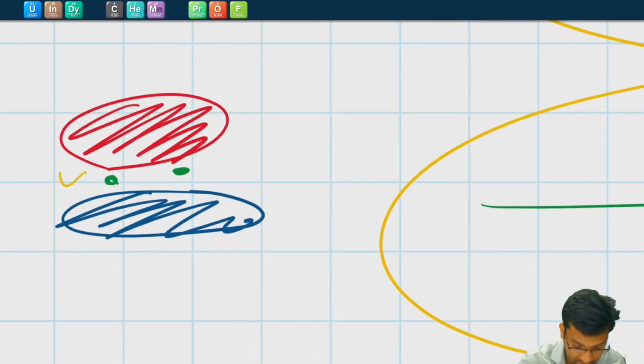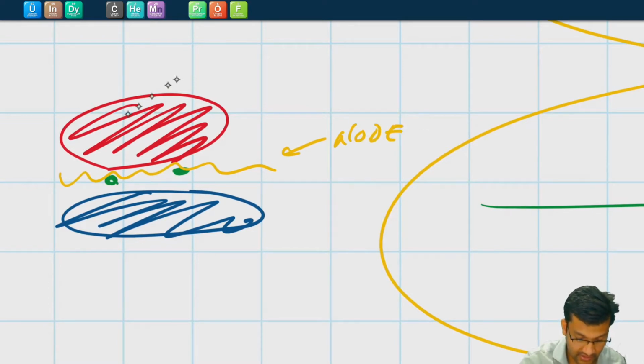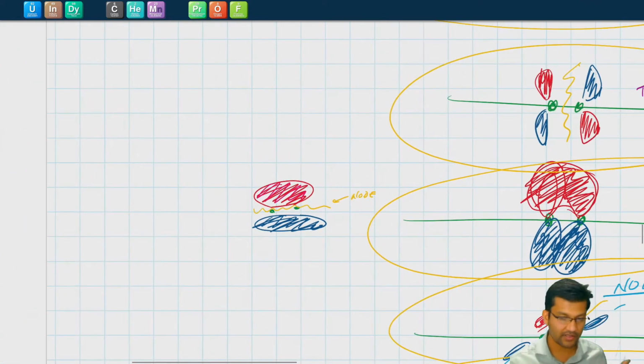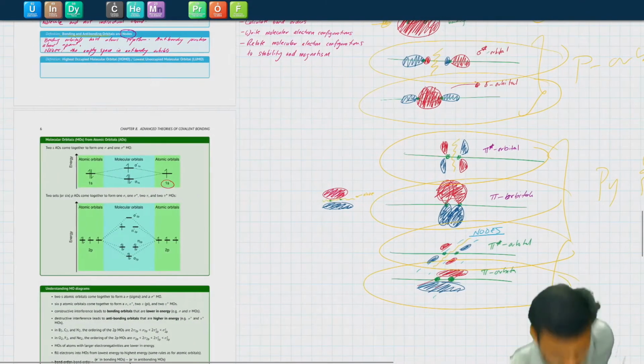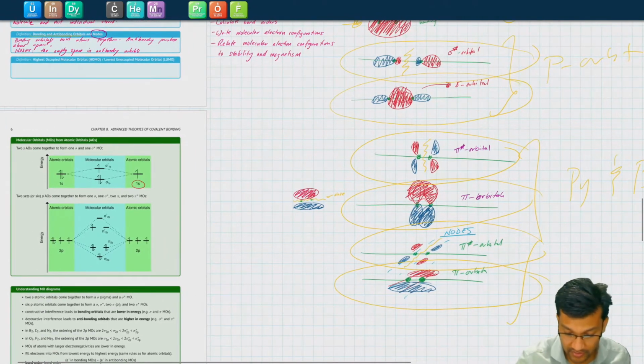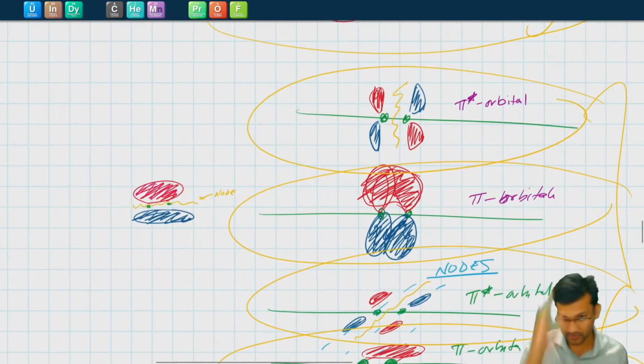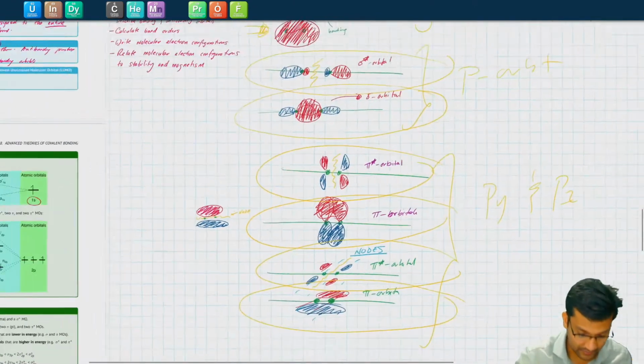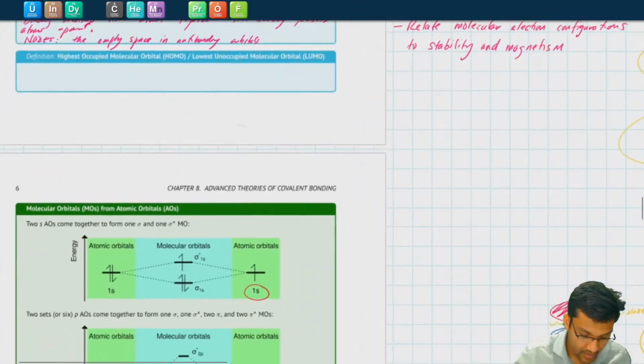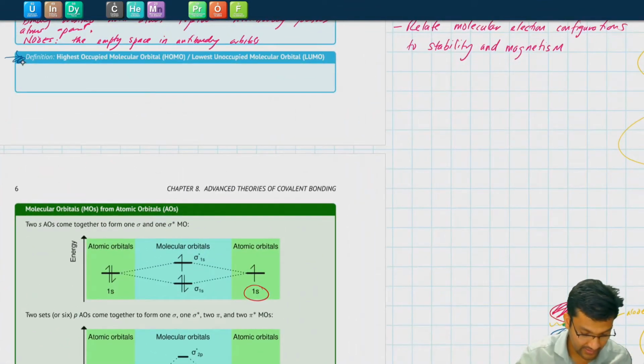Even though this is a bonding orbital, there's a node here as well, where there's no electrons, because electrons are either up here or down here. So you could have nodes in p orbitals and stuff as well. But for these examples, we're going to look at just nodes in antibonding orbitals, which is just in between the two atoms. All right, we'll come back to this in just a second.